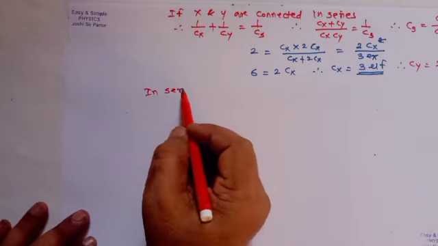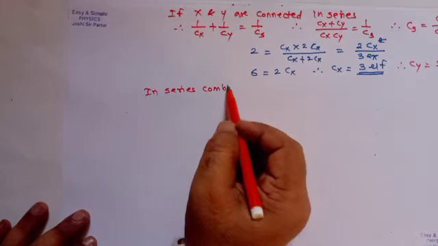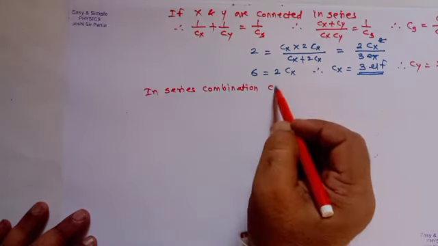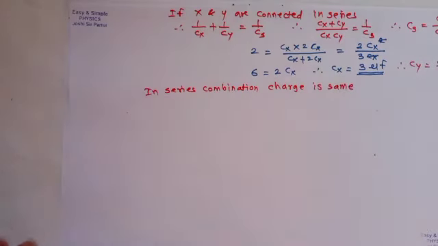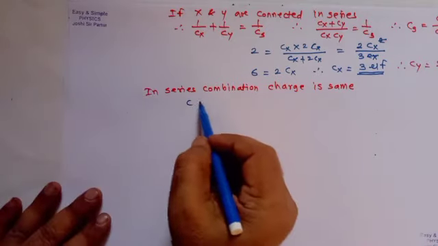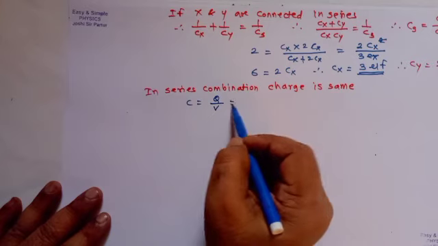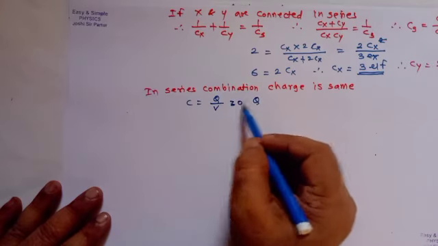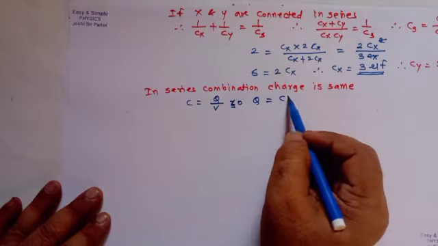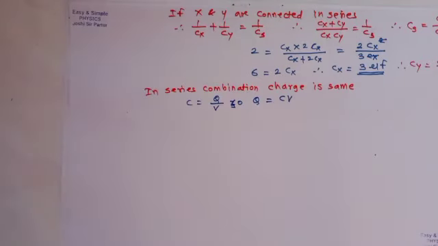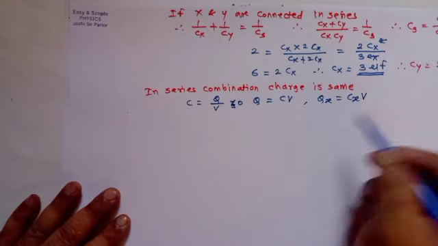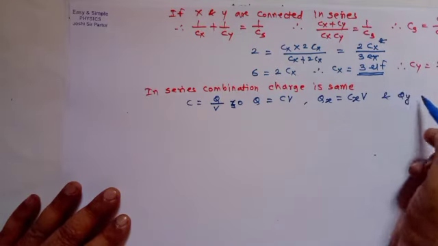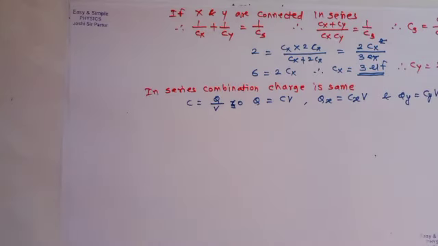In series combination, charge is the same for X and for Y. So if we use the formula C equal to Q upon V, so Q equal to CV. For Cx, Qx is equal to CxV, and Qy is equal to CyV.